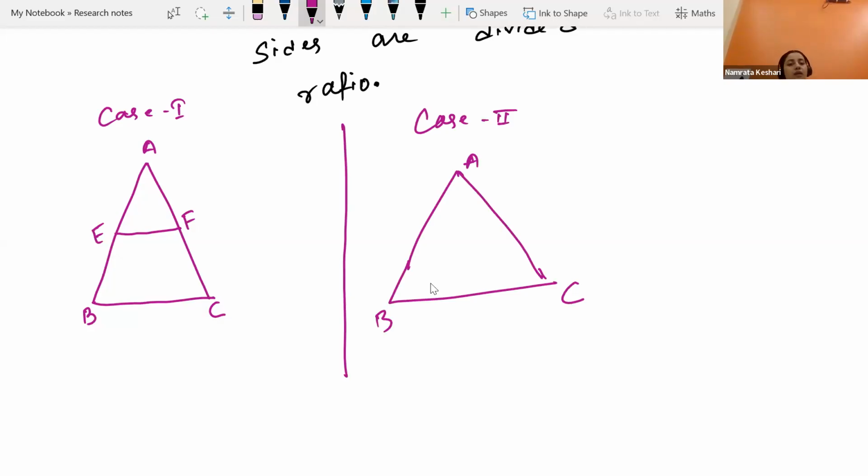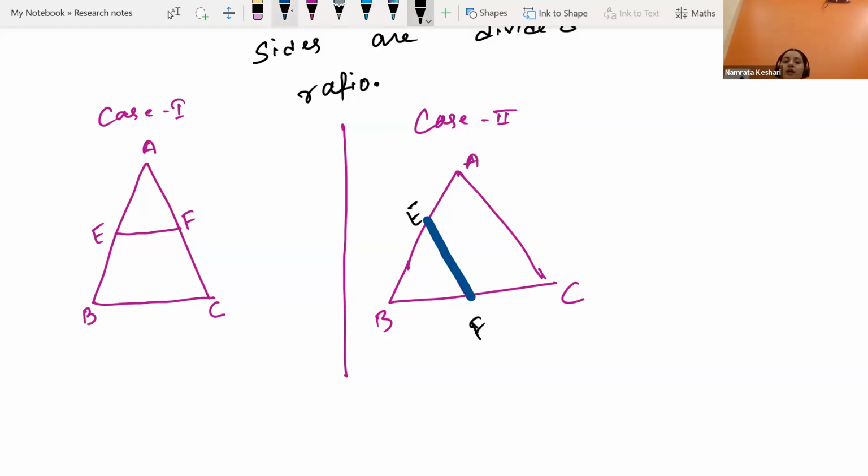We are going to draw a line parallel to the side AC. So maybe the line will look like this. And the line which we are drawing must intersect the other two sides. So yes, it is intersecting. This parallel line we have drawn is intersecting the other two sides AB and BC at two different points, E and F.